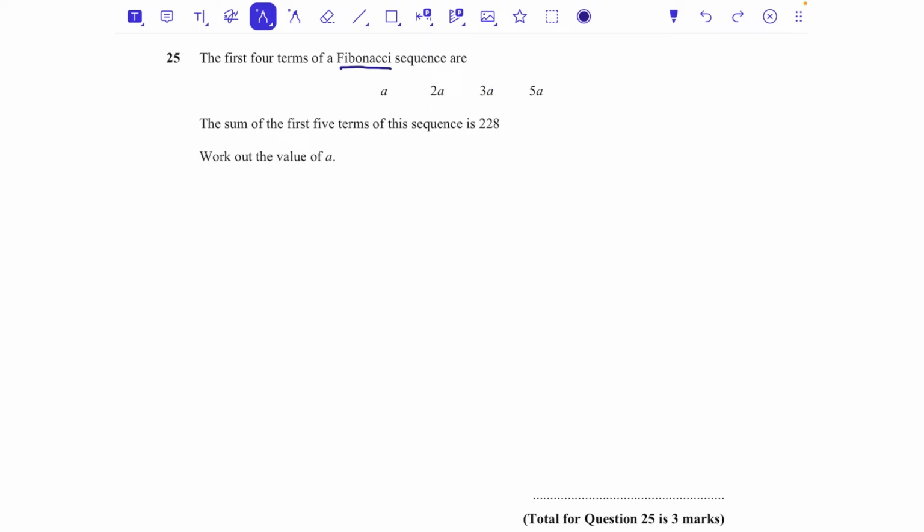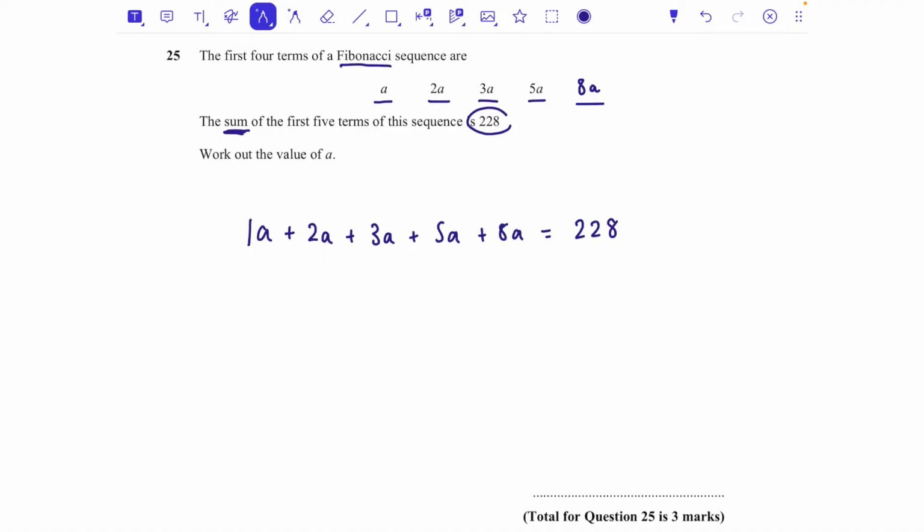So the next term of this sequence is 8A, which is important because it says the sum. So if we add together the first 5 terms, which we need that one for, we get 228. So A add 2A add 3A add 5A add 8A equals 228. 1A add 2A add 3A add 5A add 8A.